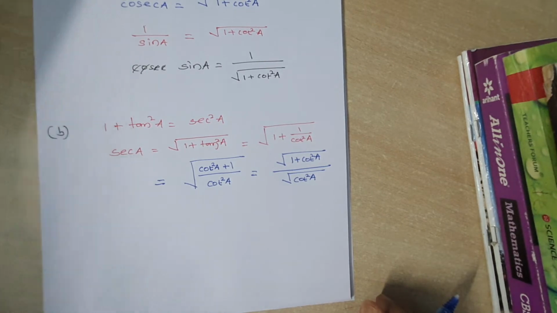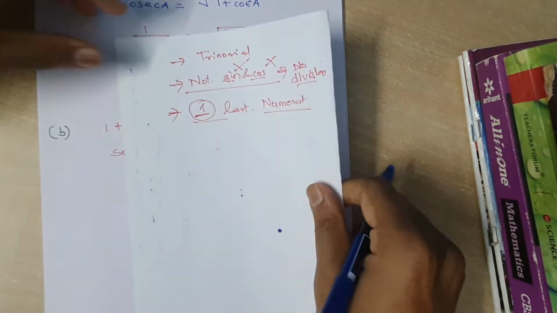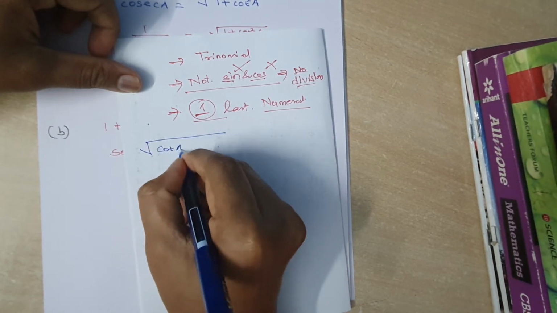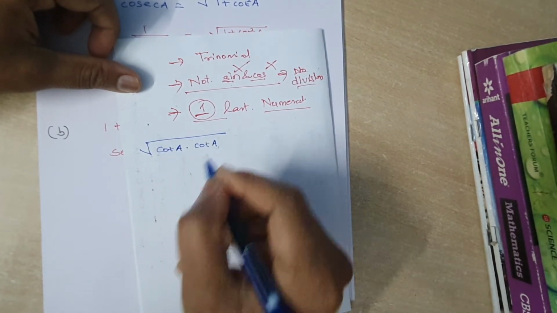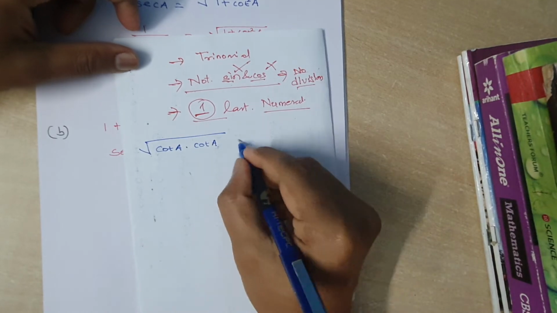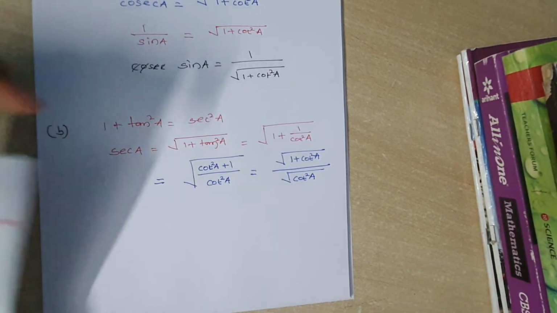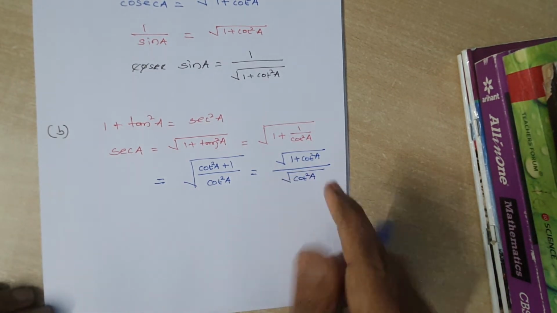When cot A is repeated twice inside the square root, it comes out of the root. So we can write this as cot A, the square root will vanish.